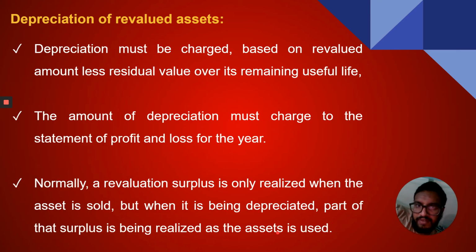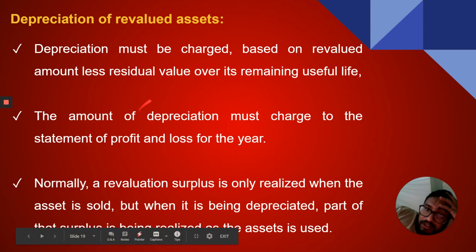So, depreciation of revalued assets. For the asset which has been revalued, we need to charge depreciation, based on the amount it has been revalued to, over its remaining useful life, okay?